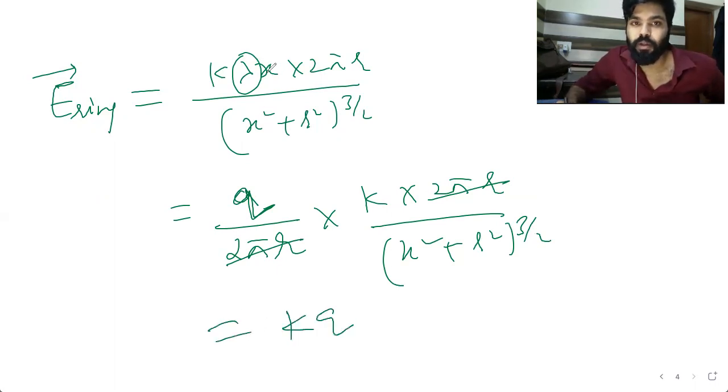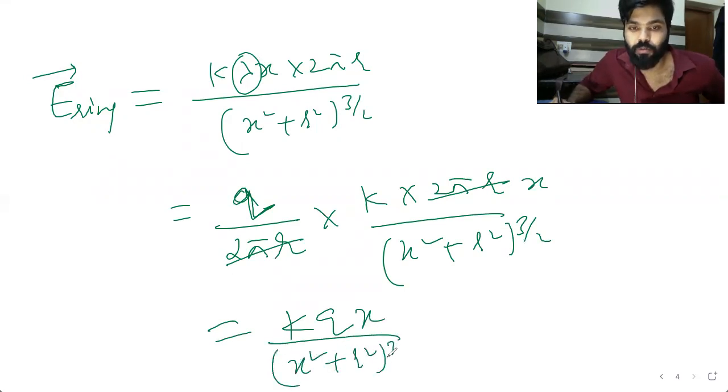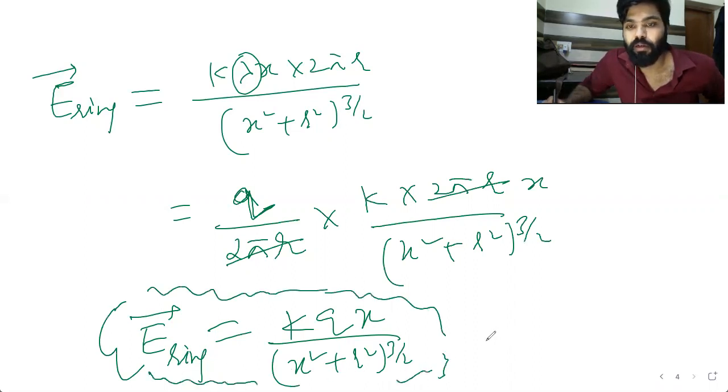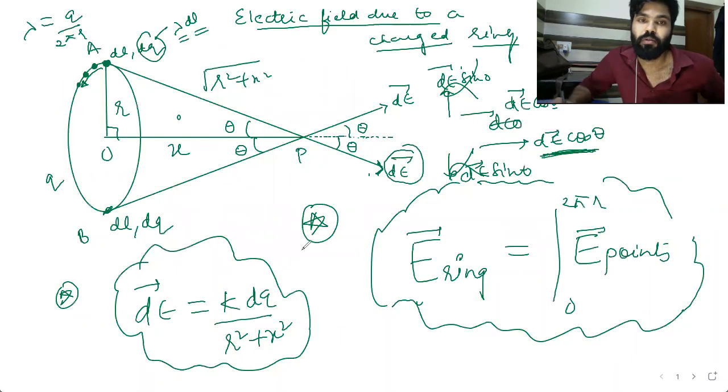I forgot x: kqx over x square plus r square whole raised to 3 by 2. This is the electric field of the ring at point P, and point P is at a distance x from the center in the rightward direction. So the direction of the electric field is going to be in the rightward direction.